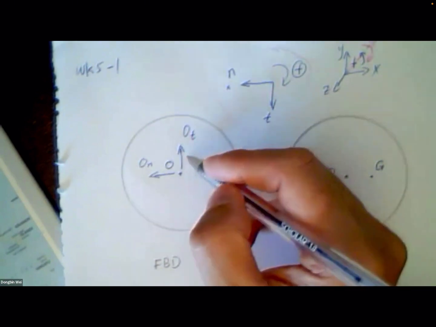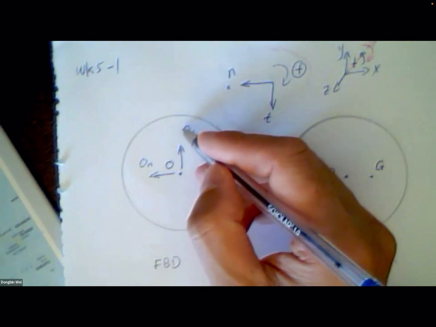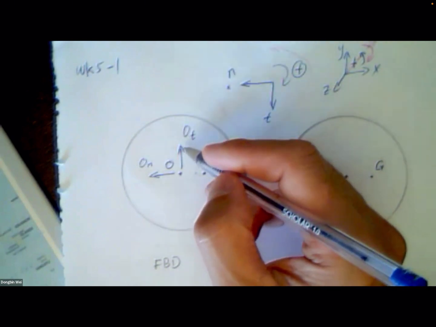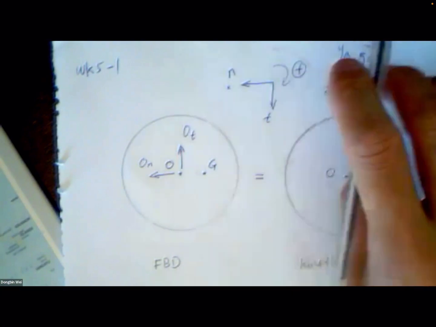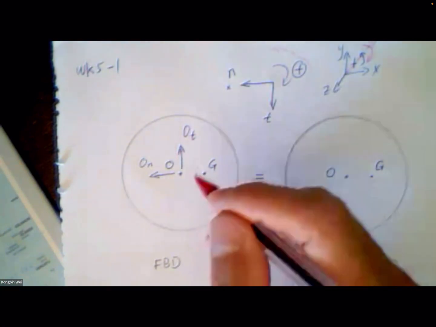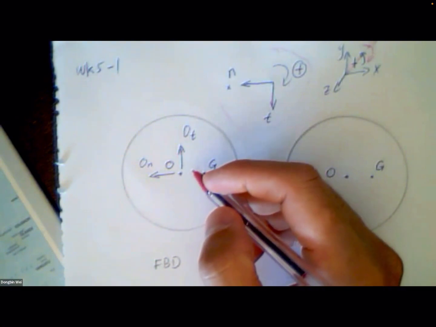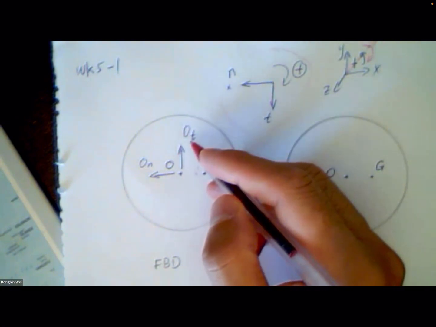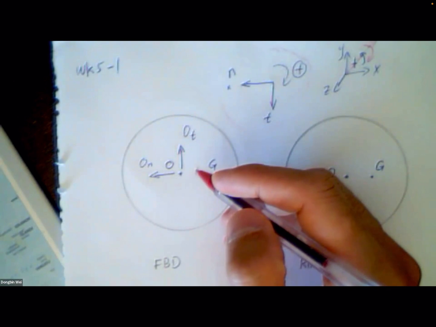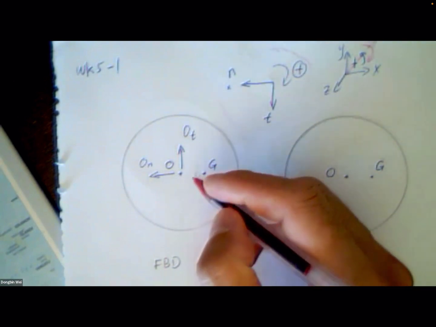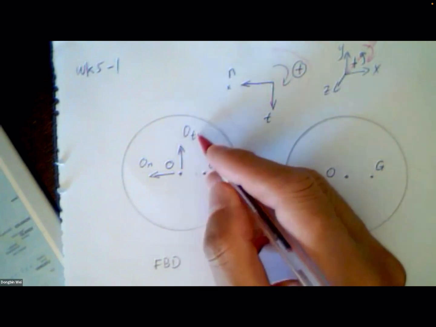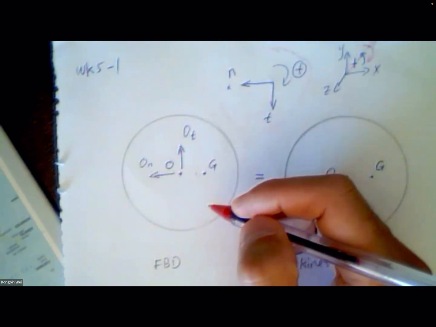But for OT, by observation, you know OT must be upward. But in my calculation, because OT at this moment is unknown, in my following calculation I like to assume OT is positive.